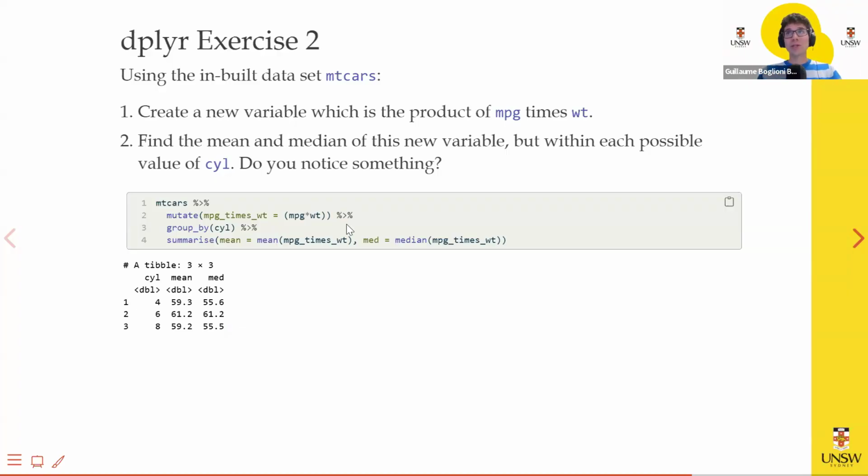So the multiplication is relatively constant for different subgroups, because cars that tend to have a high weight will have lower miles per gallon, or if miles per gallon is higher, the weight will tend to be lower. So the multiplication of those two things, taken as an average for everybody with given cylinders, is relatively stable.